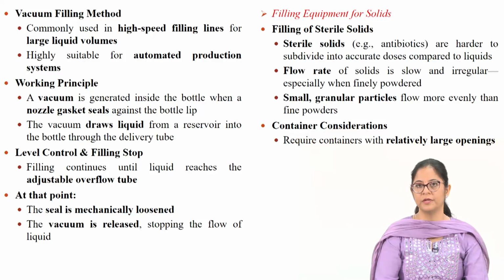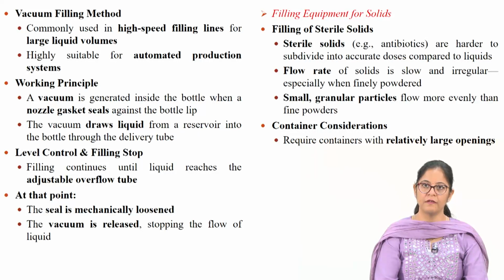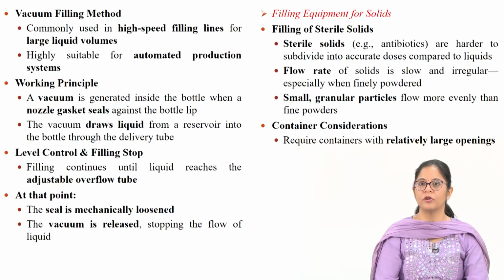Levels must be controlled and the filling must stop after it has reached the required level. So, filling continues until liquid reaches the adjustable overflow tube. At that point, the seal is mechanically loosened, the vacuum is released, stopping the flow of the liquid.